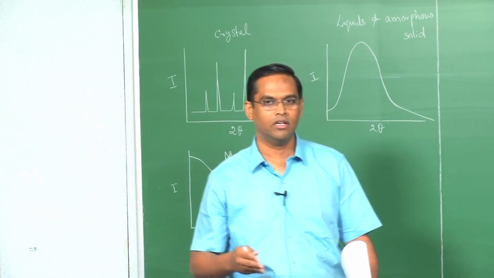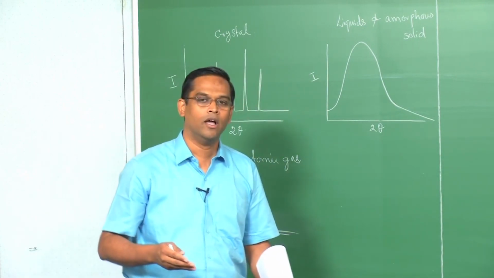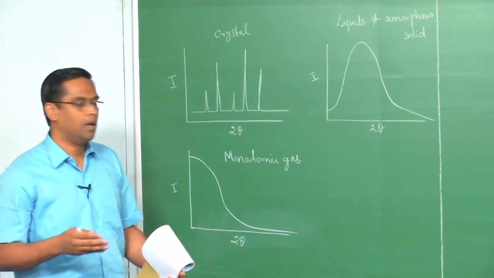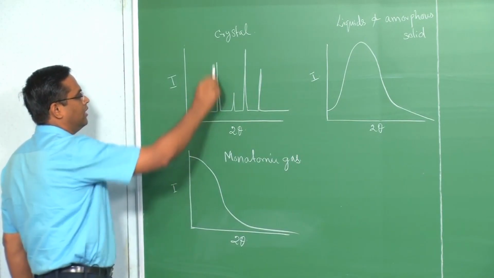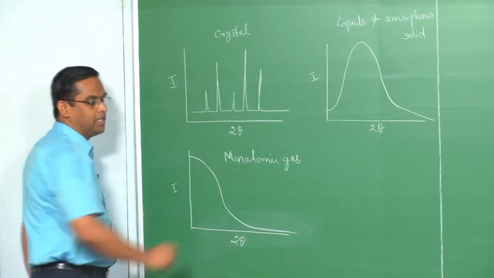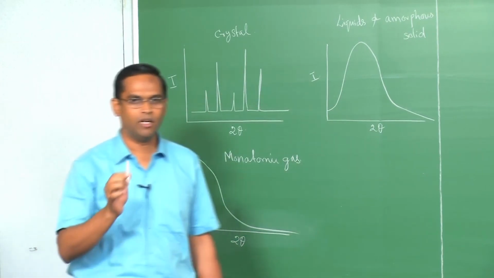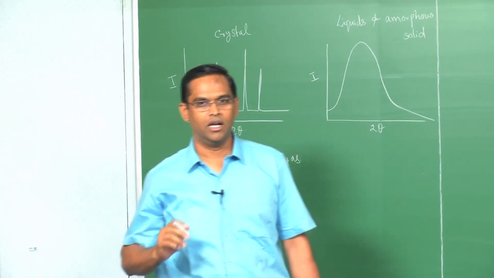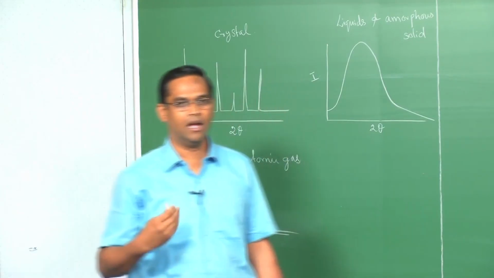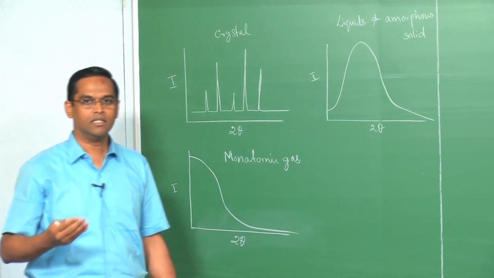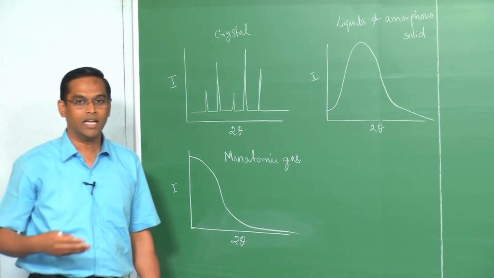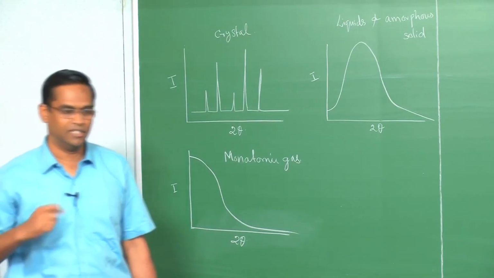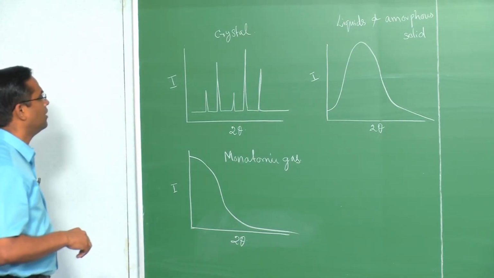The constructive interference happens only at the Bragg angle of Bragg's law. All the other directions are completely cancelled by all the atoms arranged in a 3-dimensional periodic lattice. So, that is point number 1.